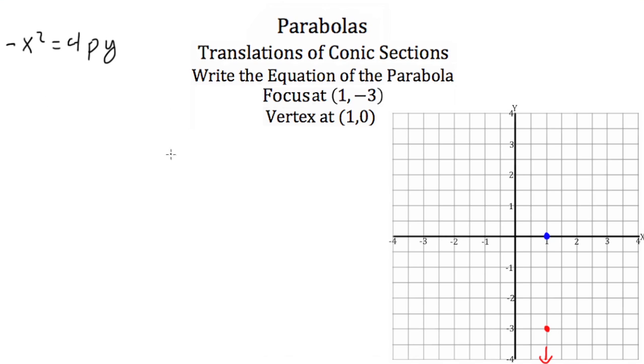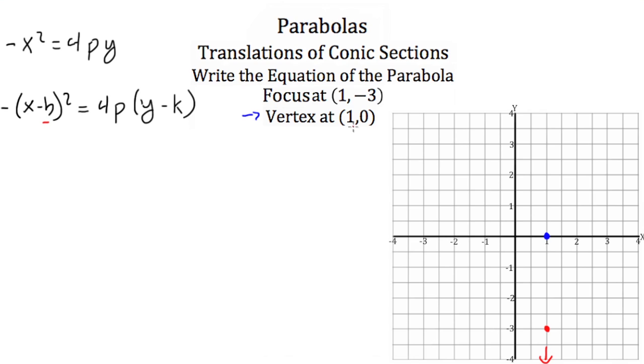And then notice that our vertex here is not at the origin. So instead, I'm going to use the formula negative x minus h squared is equal to 4p times y minus k. Now I know what h and k are.